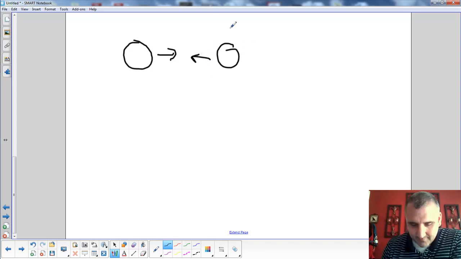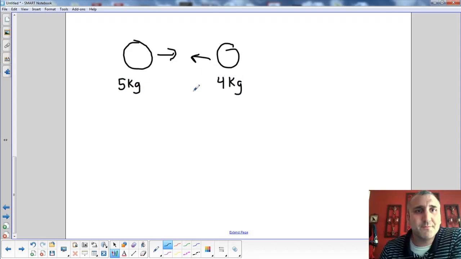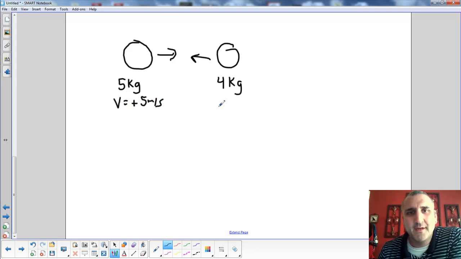So let's say this marble has a mass of, I don't know, 5 kilograms. Let's say it's a big marble. And this marble has a mass of 4 kilograms. And let's say the first marble has a velocity of positive 5 meters per second. And let's say this marble has a velocity of negative 3 meters per second.